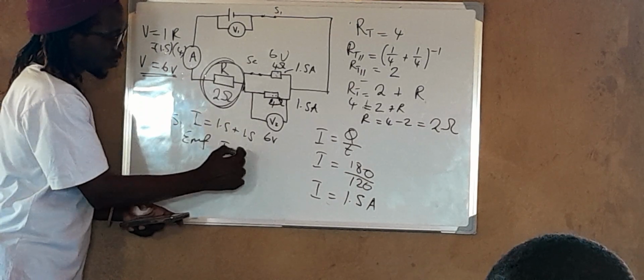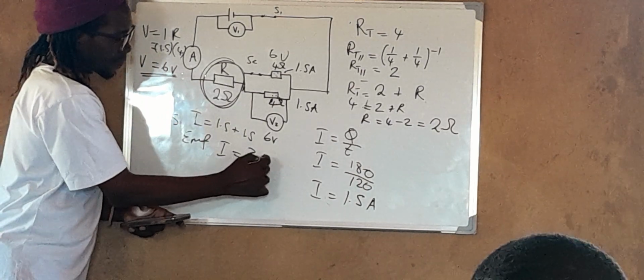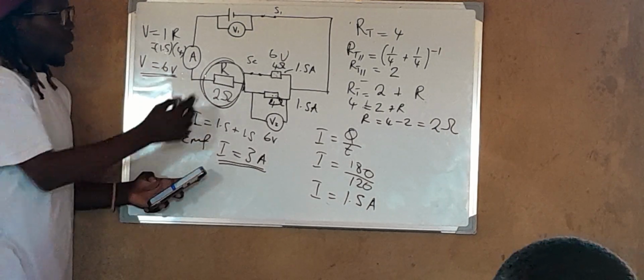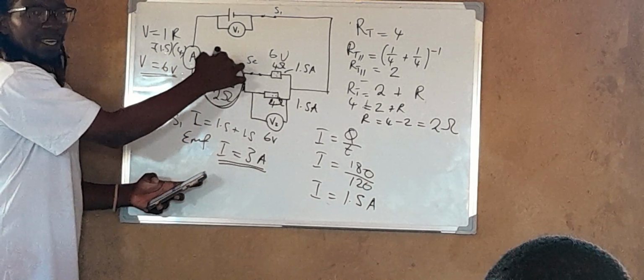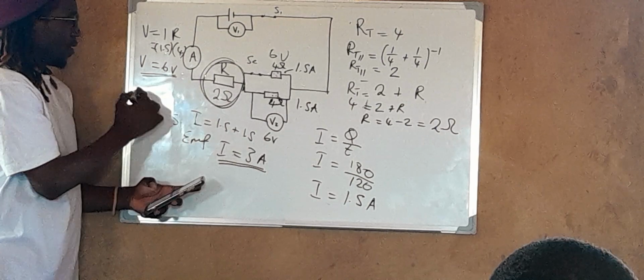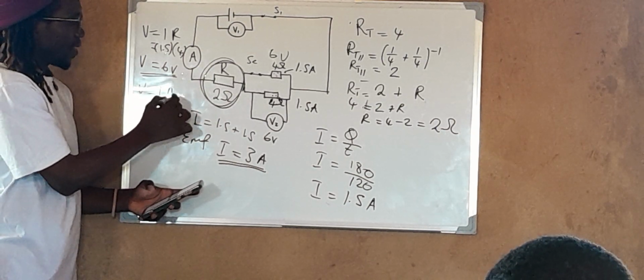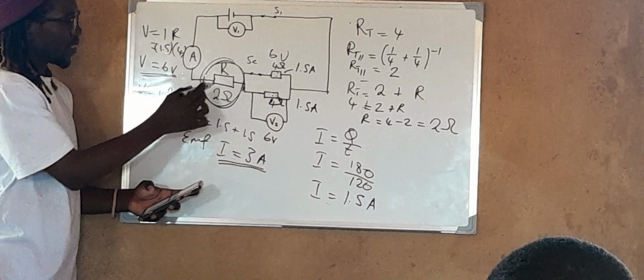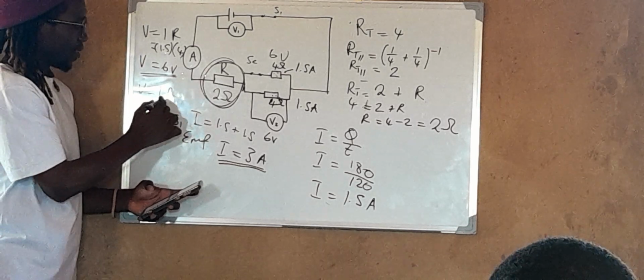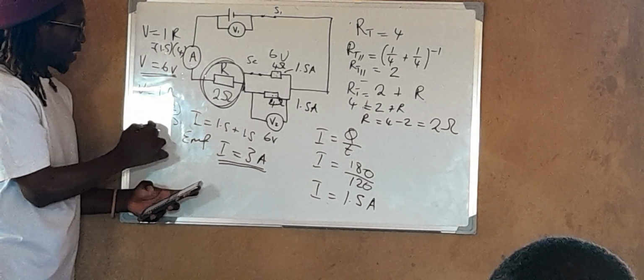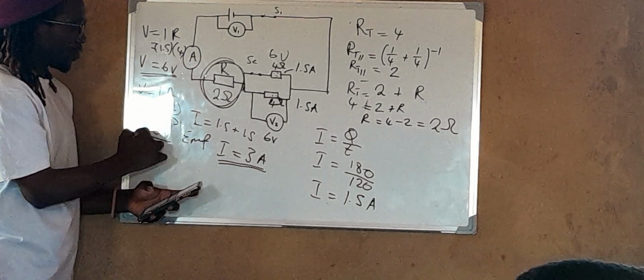So the current there is 3. Then what is the voltage passing through here? Voltage is equal to I multiplied by R. I is 3 and R is 2, so the voltage there is 6 volts.